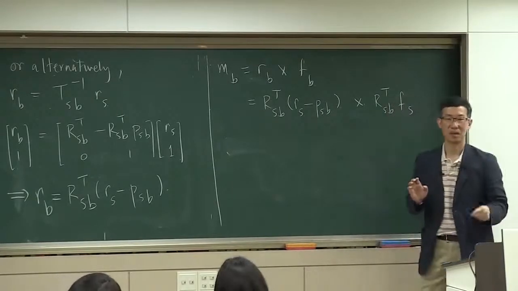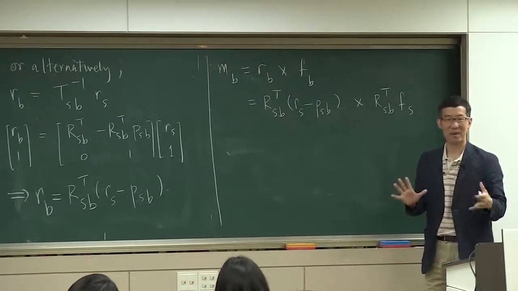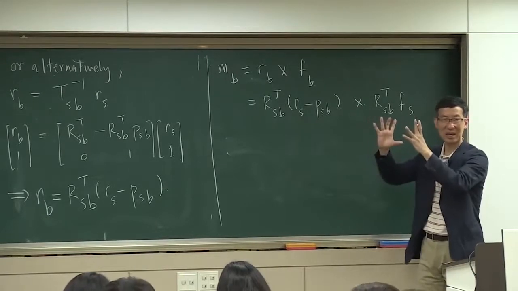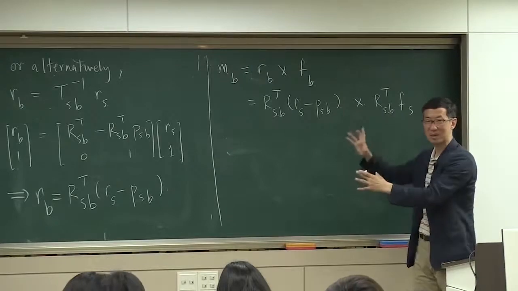Now we use our favorite properties. Cross product: let's write it as a product of a skew-symmetric matrix times the vector.